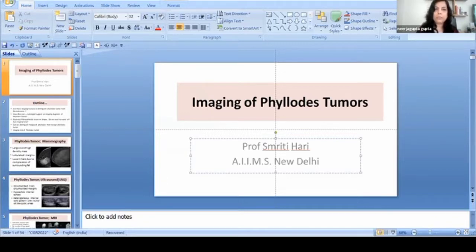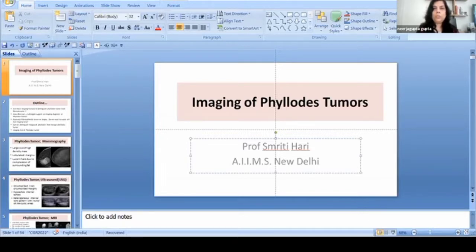What happens to equivocal fibroepithelial lesions on biopsy, which is a large share of the biopsy reports that we get? Do we need to excise all? Can imaging help in telling us which one we can follow up and which need a diagnostic excision? Of course, whether we can distinguish malignant phyllodes from benign, and what are the usual imaging differential diagnoses of phyllodes tumors.